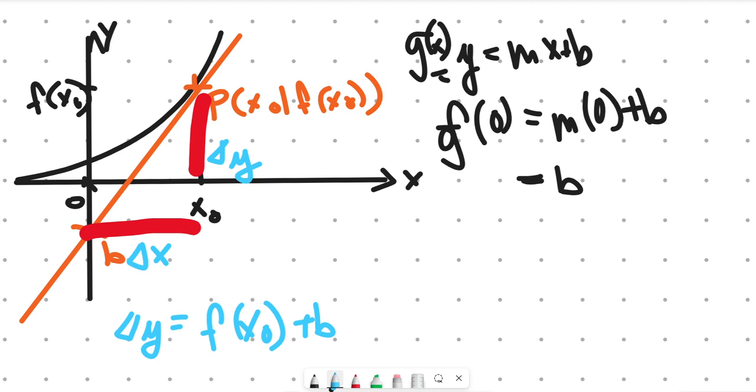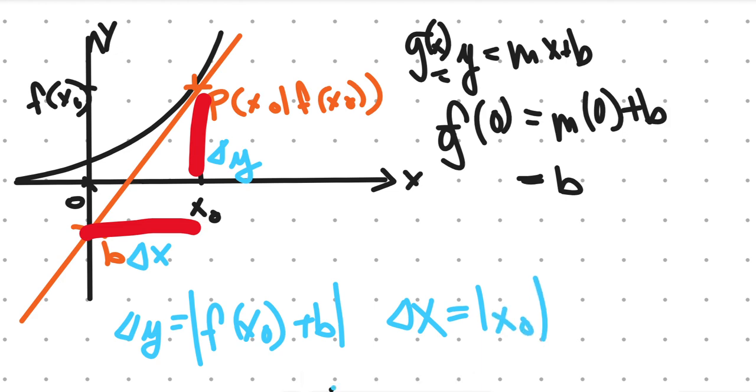So let's take the absolute value on both sides. Let's take this one as an absolute value, and the delta x too, because x naught could also be negative, but we don't want that for the rise over run. So this is also going to be the absolute value of x naught. Very nice.